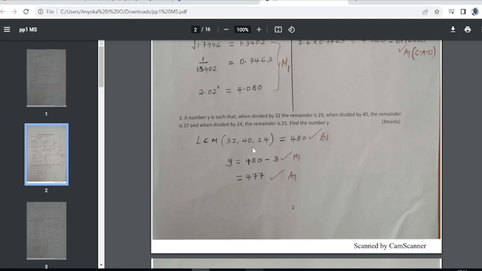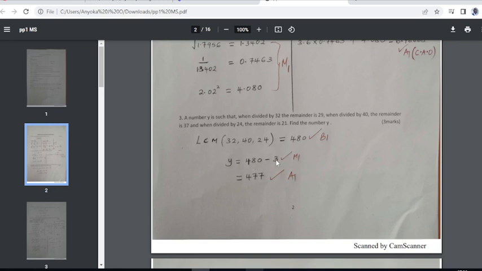Because if we add 3 to 29, we get 32, which is divisible by 32. If we add 3 to 37, we get 40. 3 to 21, we get 24. So this number is 480, but with a deficit of 3.